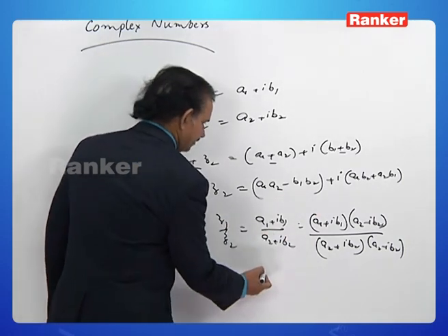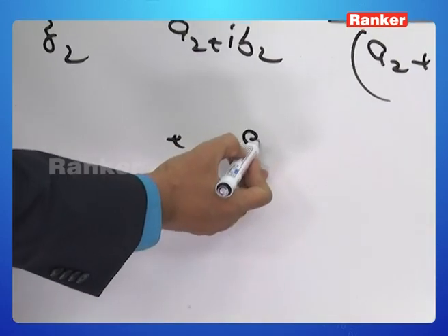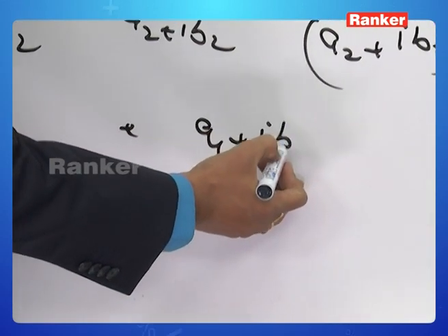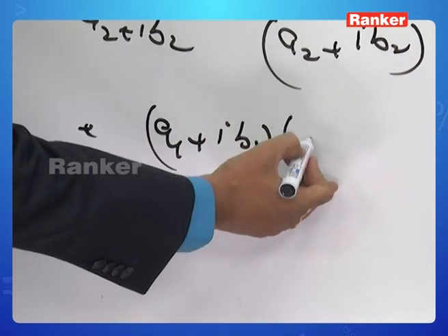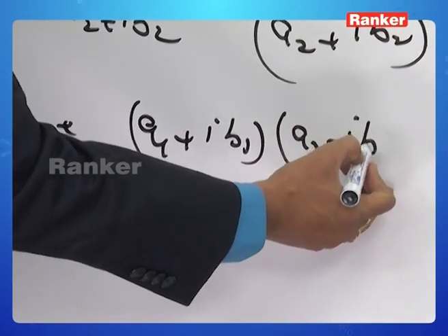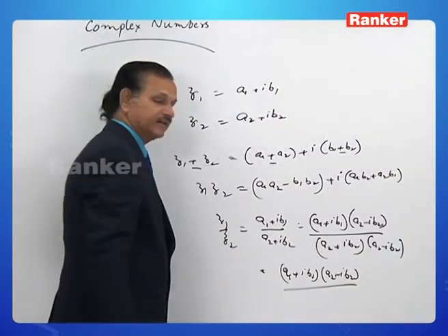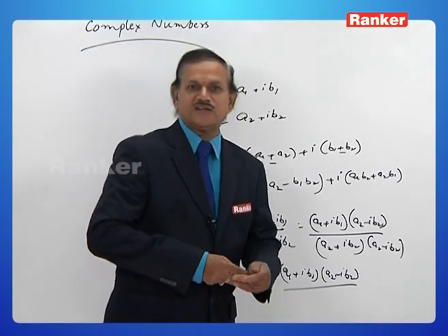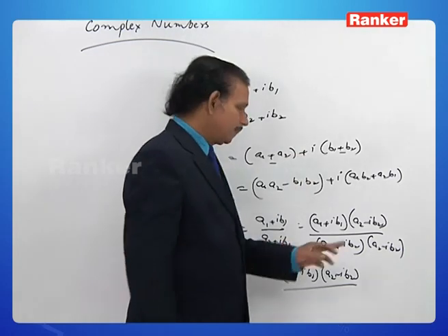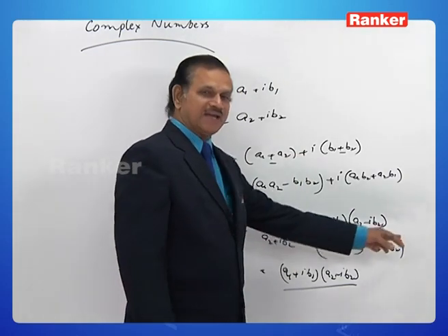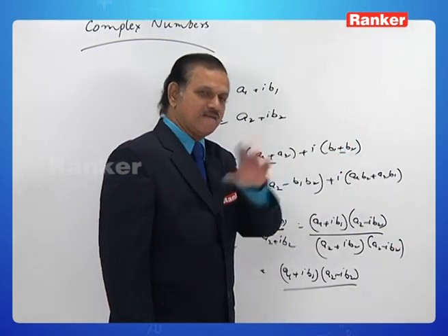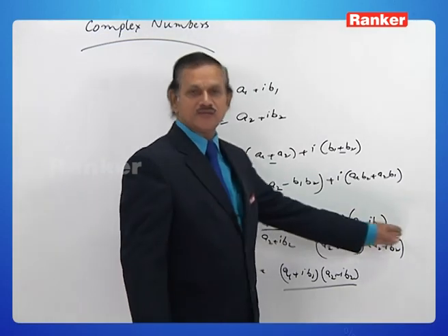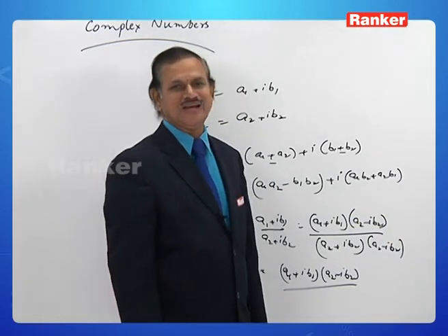Well, what is the fate of the numerator? It is just a product of these two complex numbers, and the special interest will be in the denominator, A2 plus IB2 into A2 minus IB2. It looks like x plus y into x minus y in our usual real number system. What is x plus y into x minus y? X square minus y square.